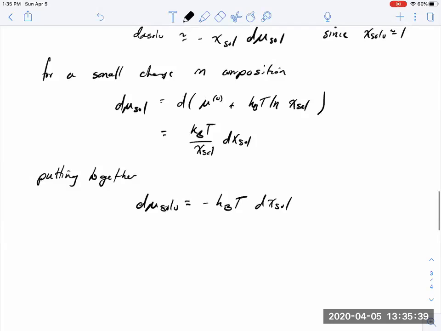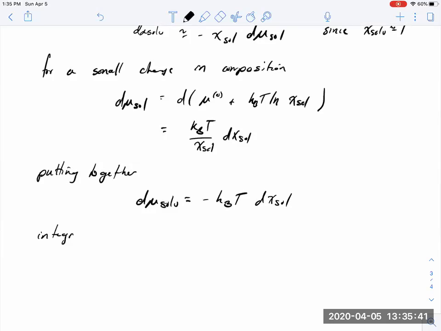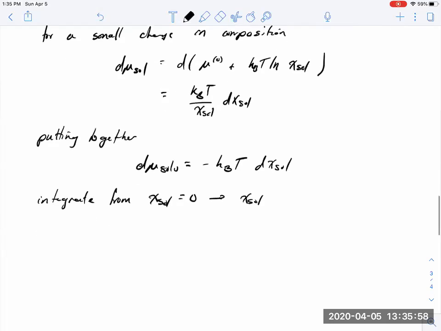If we were to integrate this, from the mole fraction of the solute being 0 to some fixed mole fraction, we would find the chemical potential of the solvent at some fixed mole fraction of solute. Let's remind ourselves that this is also a function of temperature and pressure.